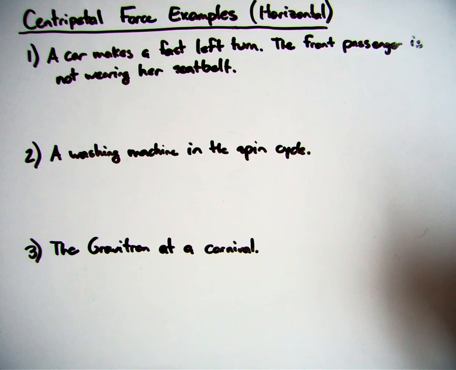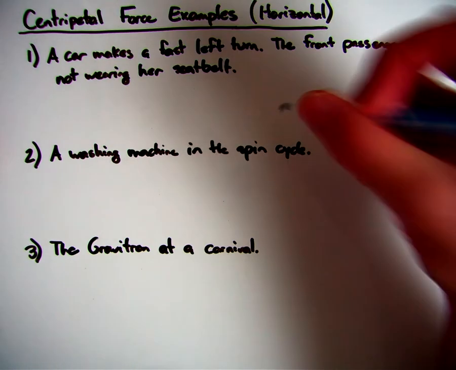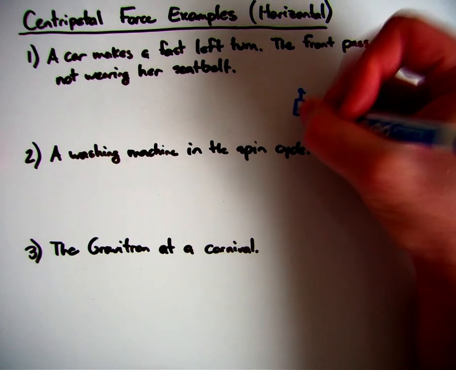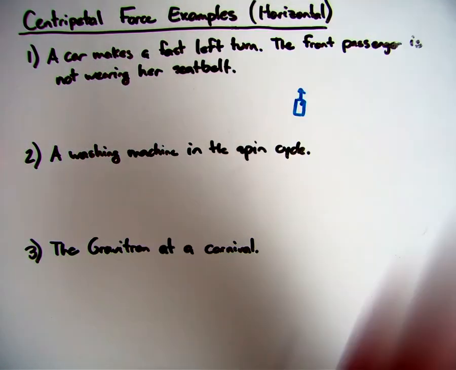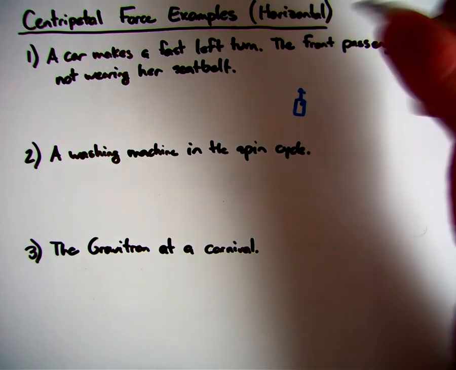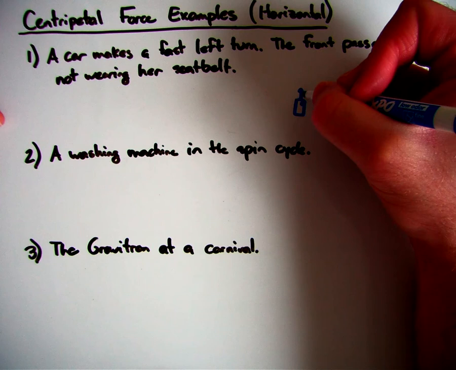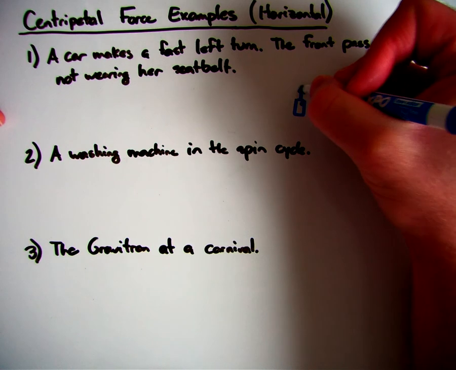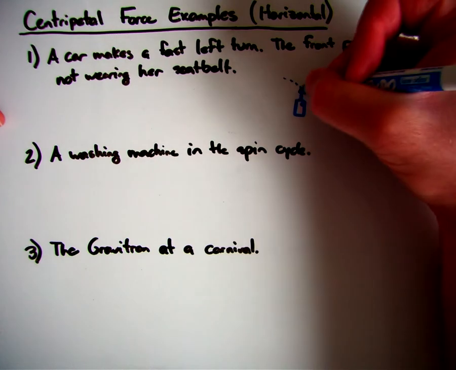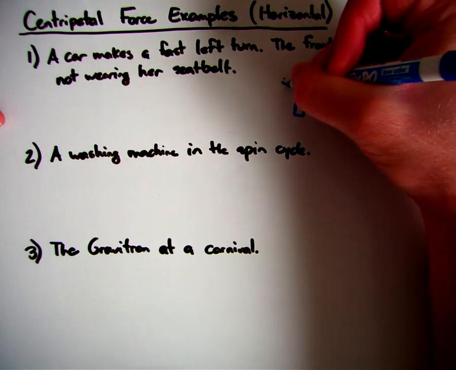The front passenger is not wearing her seatbelt. Well, what's going to happen is, if this is the car, and if it's going straight originally, let's say the passenger is just sitting here on the right-hand side of the car in the front seat. What's happening then is, as the car keeps moving left, so in the middle of the turn, the car is changing position.